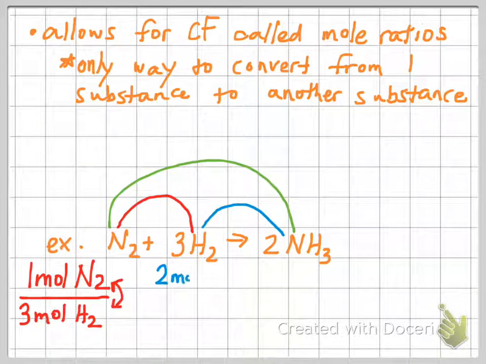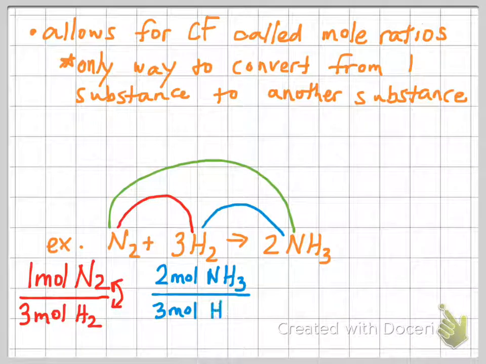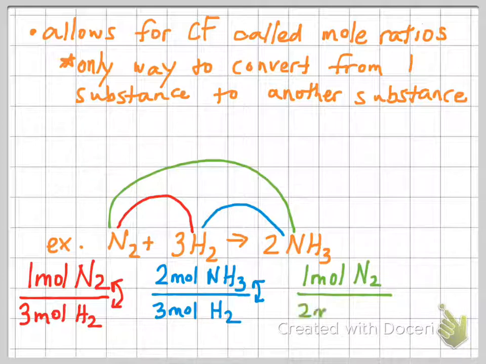So 2 moles of ammonia, because my coefficient is 2, to 3 moles of hydrogen. And again, if I need to, I can flip this depending upon where I need my units to be. My last mole ratio is going to be that nitrogen to ammonia one. Again, my coefficient on nitrogen is 1, so it's 1 mole of nitrogen to 2 moles of ammonia.